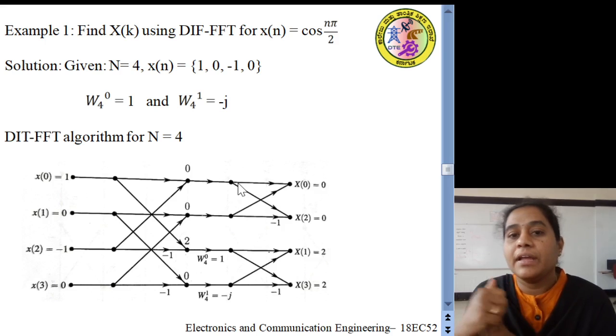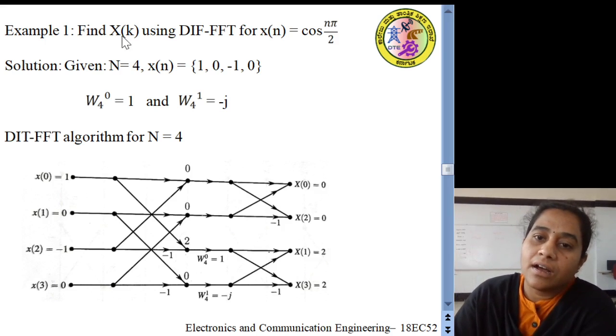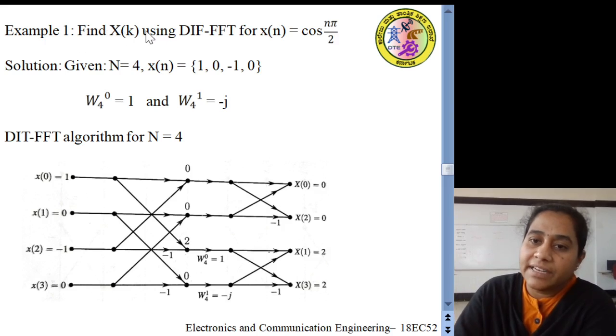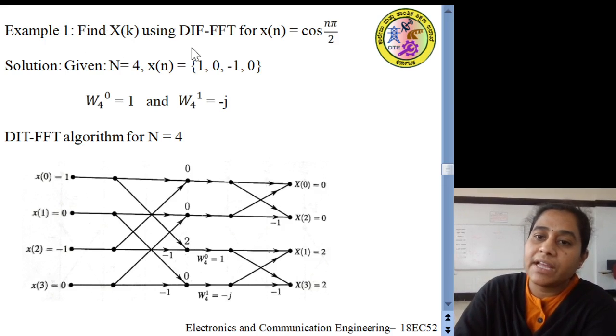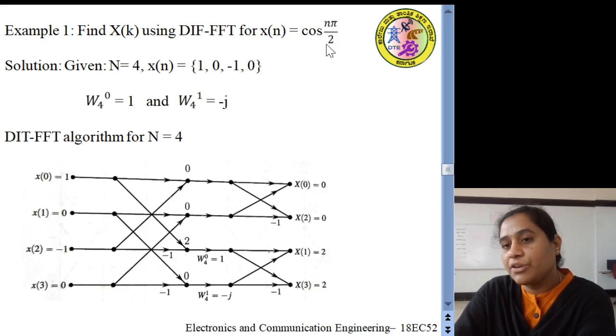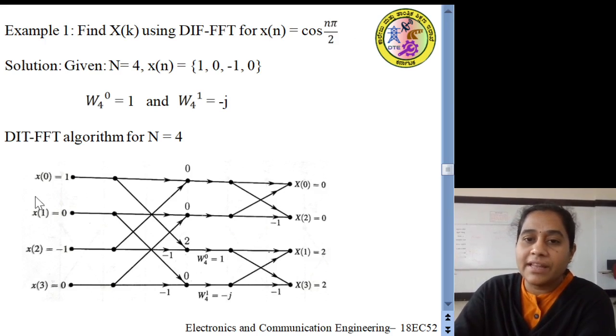The first one asks us to find the DFT x of k using the DIF FFT algorithm for the given sequence x of n equal to cos of n pi by 2. To solve this, the value of N given is 4, and we need to derive the values of x of n.